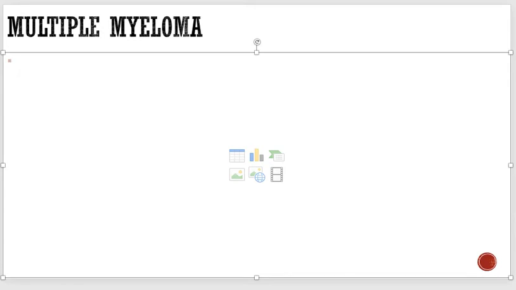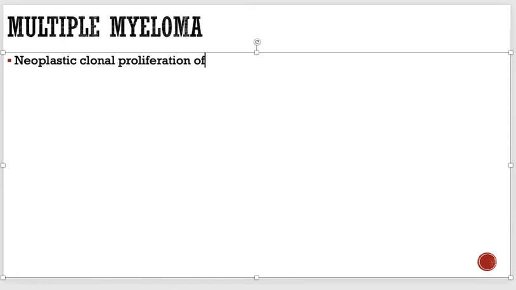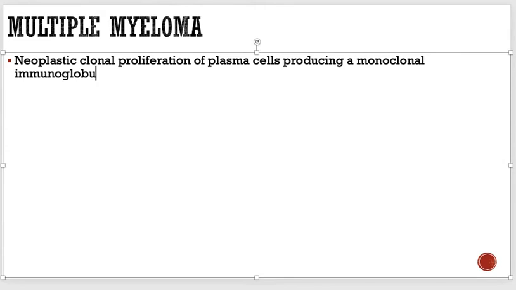By definition, multiple myeloma is a malignancy of the plasma cells. That's it. Very easy, right? But the complete definition is it's a neoplastic clonal proliferation of plasma cells, producing a monoclonal immunoglobulin resulting in end organ damage.